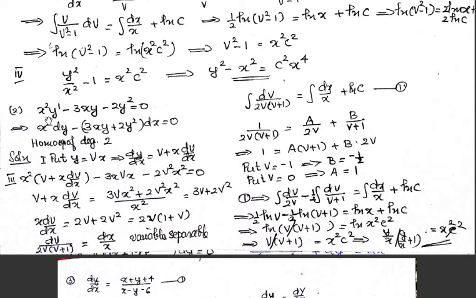Checking for homogeneity, see the power of x here is 2, and in both the terms here 1, here 1.